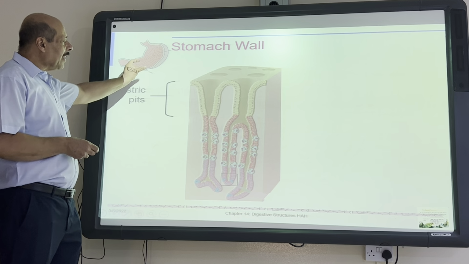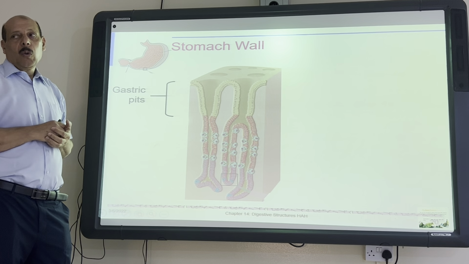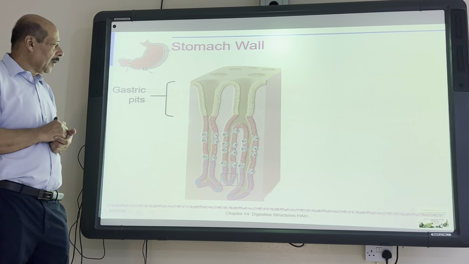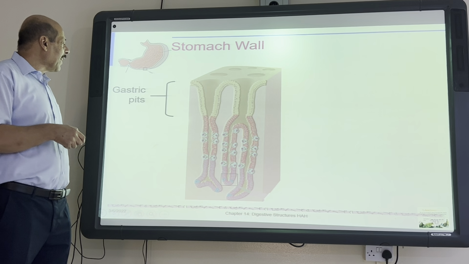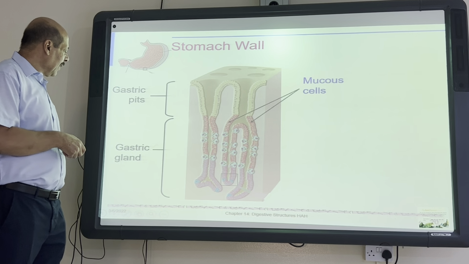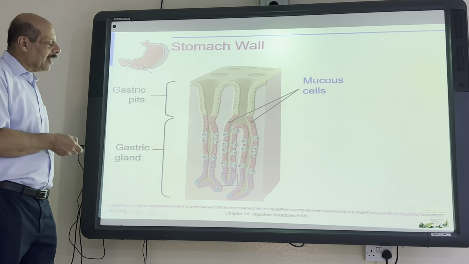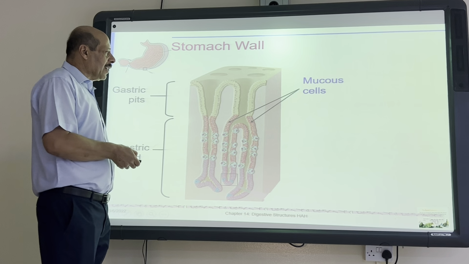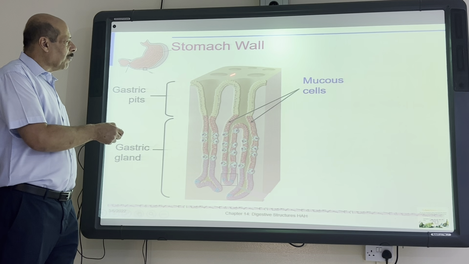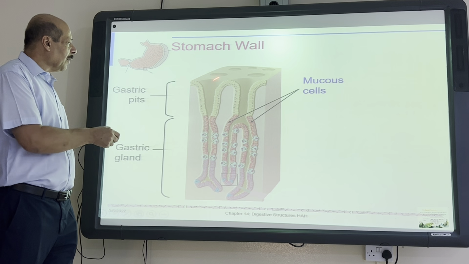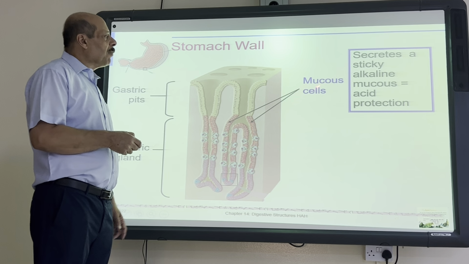So if we are taking a small part or a section within the stomach wall, in that section we have the gastric pits and the gastric gland, here the muscular cell, here the mucus part of the mucosa. We have the mucus cell.